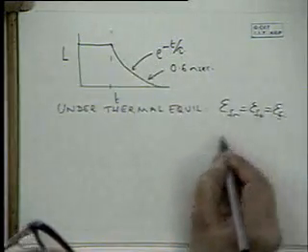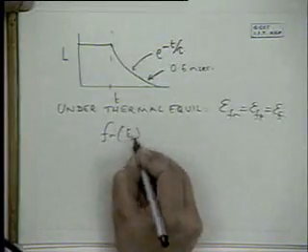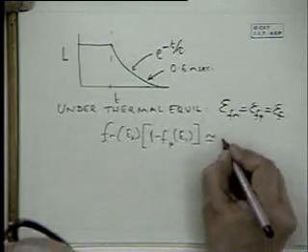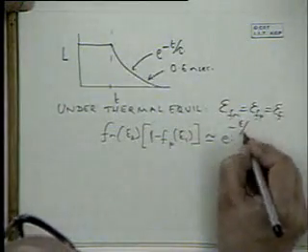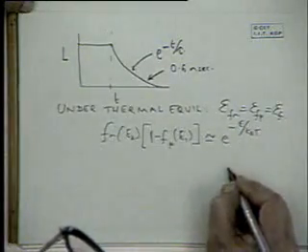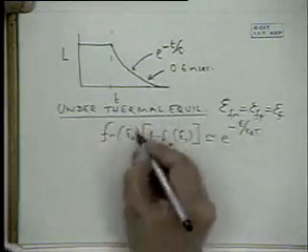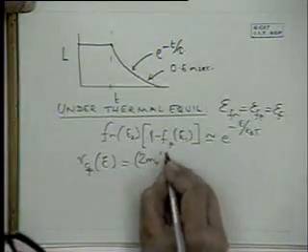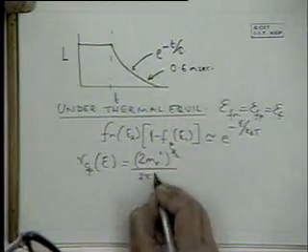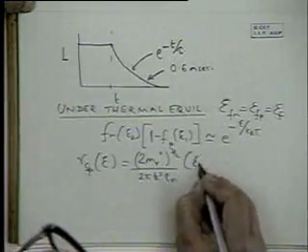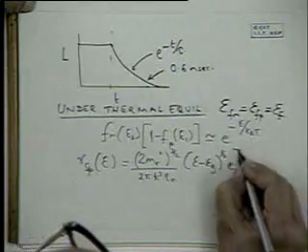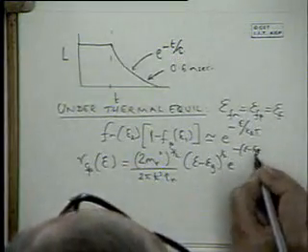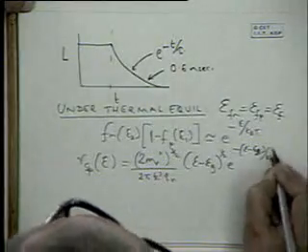There's only one Fermi level, E_F. So f_n(E2) into 1 minus f_p(E1) is just the Boltzmann approximation, e to the power minus E over k_BT. Then if you put this in the expression for spontaneous emission, R_sp(E) is equal to twice m_r star to the power 3/2 by 2 pi h-bar cubed tau_r, (E minus E_g) to the power half, e to the power minus (E minus E_g) by k_BT.